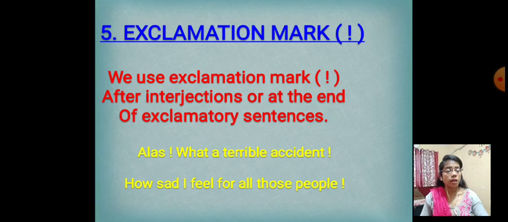What a terrible accident!" There we have to write the exclamation mark. Or "How sad I feel for all those people!" That is a sudden exclamation, so we use the exclamation mark for interjections. Okay.